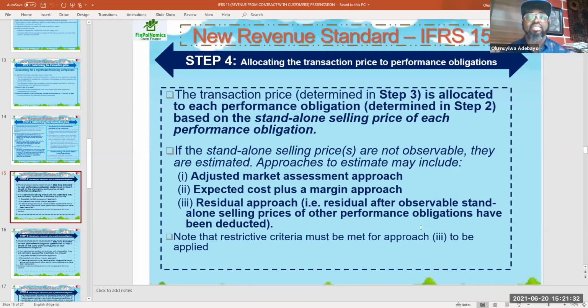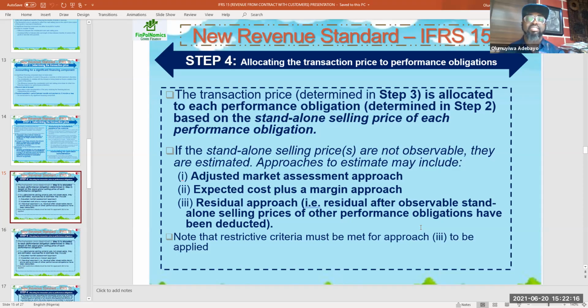We'll more or less look at the standalone prices to say the phone, normally, if you are to sell such phone, how much will you have sold that phone? Probably you have been selling the phone before now, before you change to contract hours. Therefore, at the end of the day, you are going to sell the phone probably for, let me say the phone will have gone for $100. Now, the phone is $100, okay? Now, but the total contract is $600.